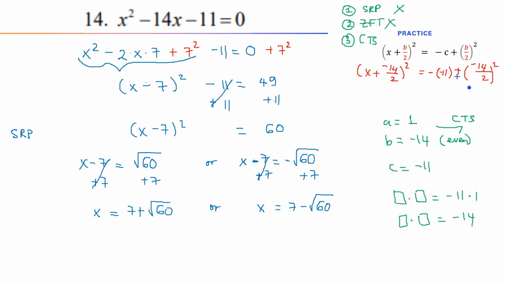Now negative 14 divided by 2 is negative 7. x plus negative 7 is x minus 7 squared. Negative of negative 11 is positive 11. Two negatives make it positive. And then we have negative 7 squared is 49. And this step is similar to that step.